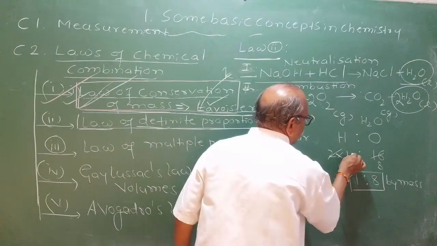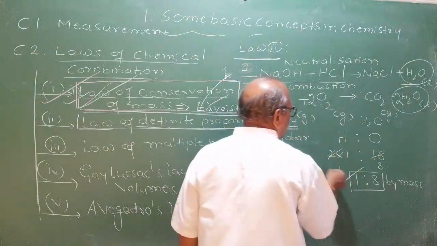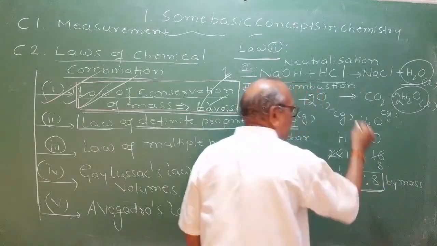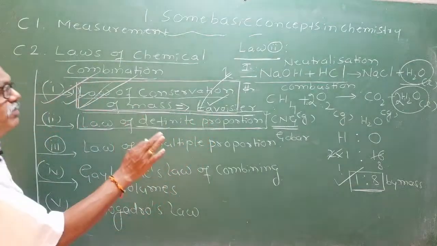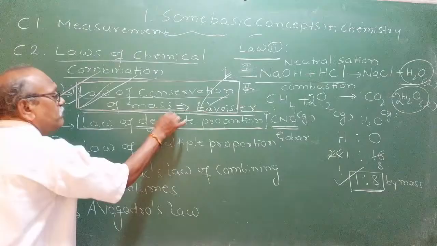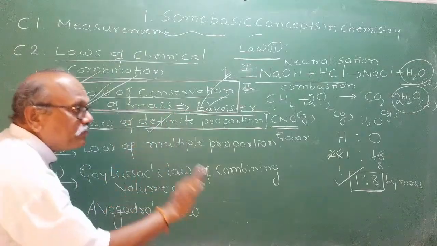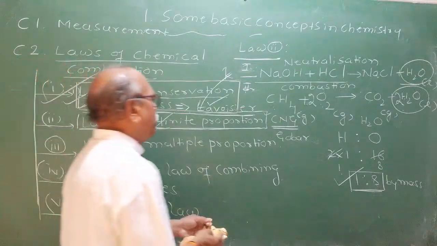The atomic weight of hydrogen is 1, oxygen is 16, you can get it in the periodic table. 2 ones are 2, 8 is 8. It is 1:8 by mass only. Means in a compound, atoms of different elements combine in a definite proportion by mass, irrespective of the method of preparation, should be the statement of the law.